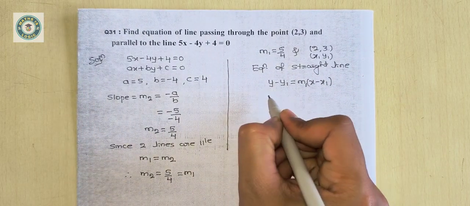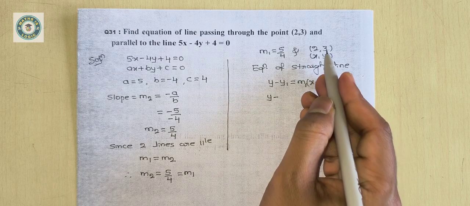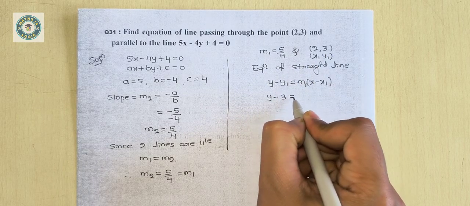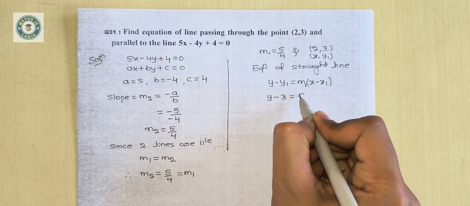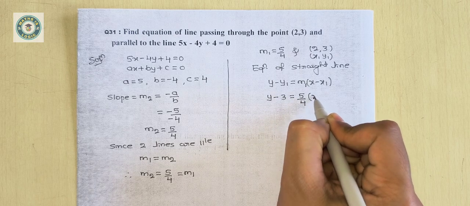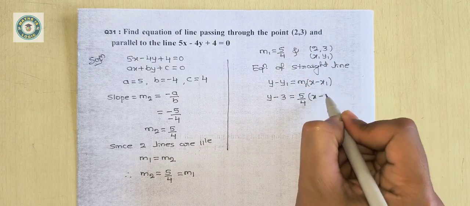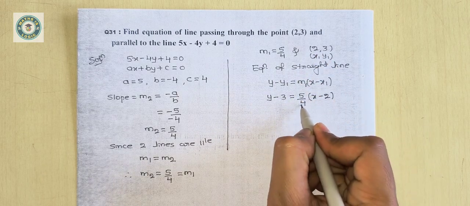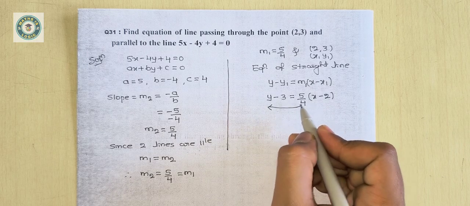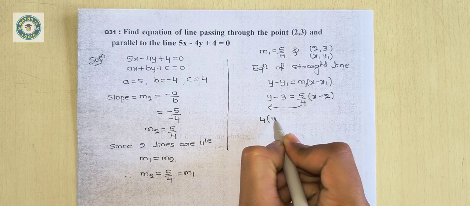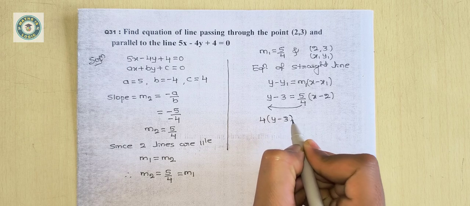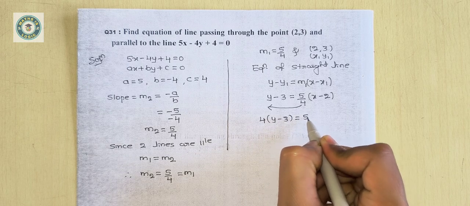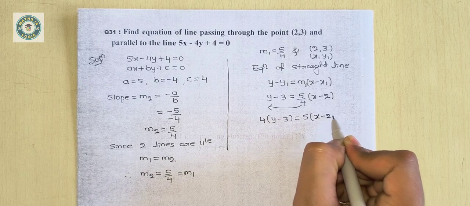Now substitute. y minus y1: y minus 3 is equal to m1, 5 divided by 4, into bracket x minus x1, x minus 2. Do the cross multiplication. 4 into bracket y minus 3 is equal to 5 into bracket x minus 2.